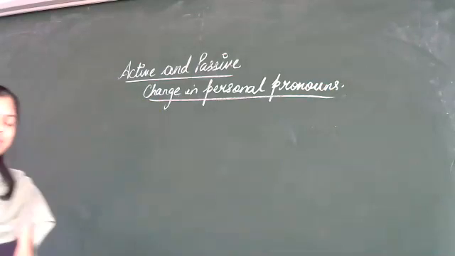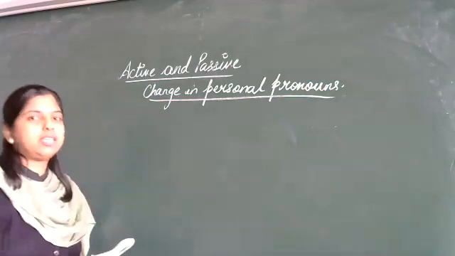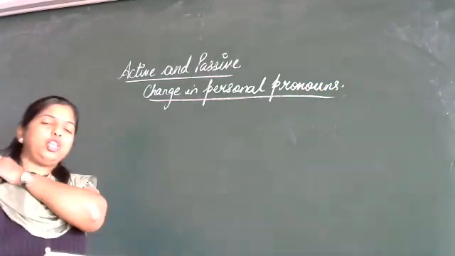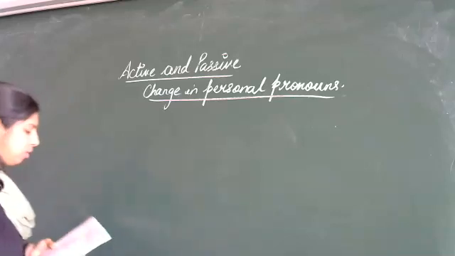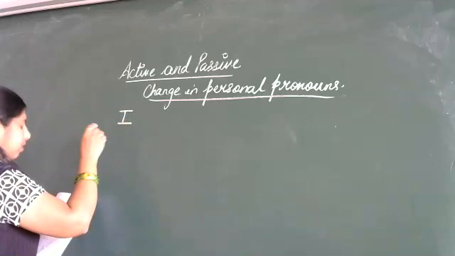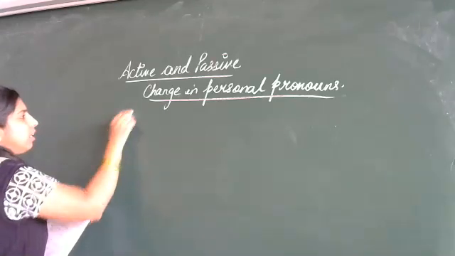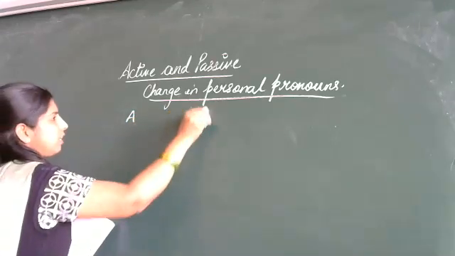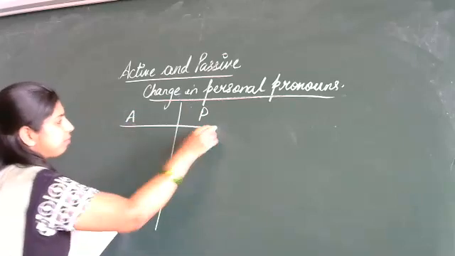Which are the pronouns now? I, she, they, you. These are all pronouns. So personal pronouns are what? First I. Okay, this is in active and this is in passive.